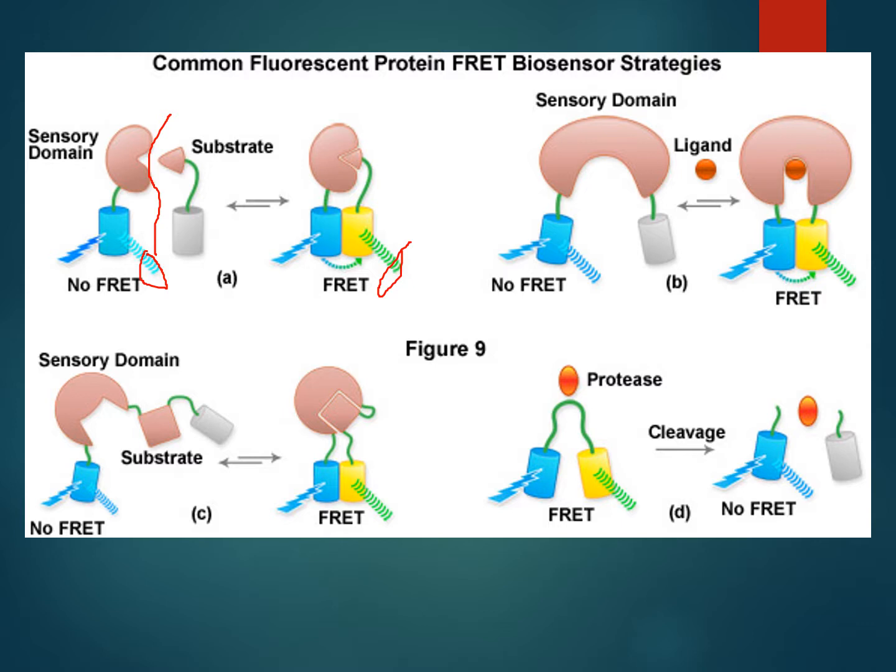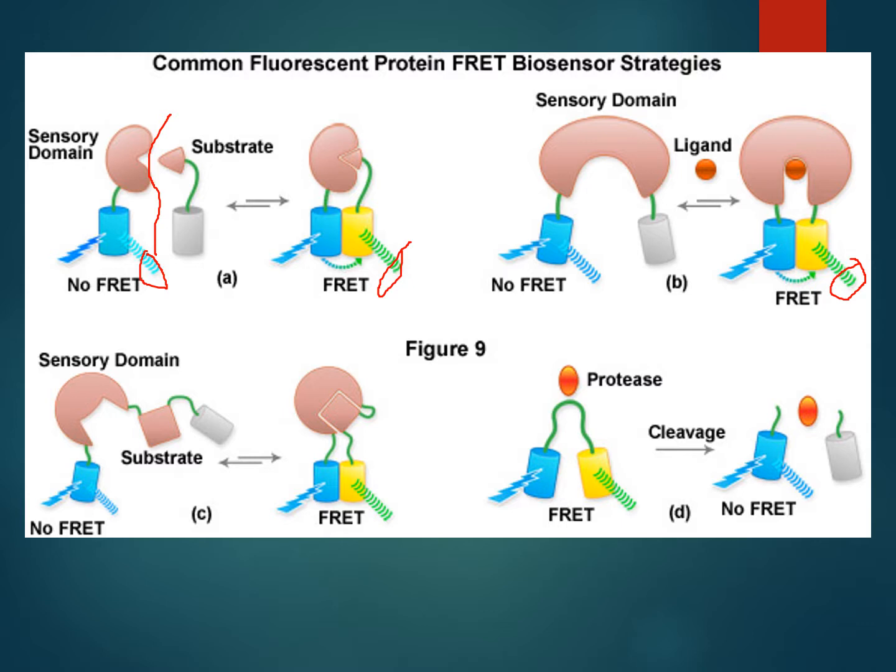Here is a sensory ligand with some type of domain, a protein that binds a ligand, and that causes a shape change. And that shape change now gives a positive FRET, and that can be cobalt, could be zinc, could be hemoglobin iron, and you can watch the binding here, and you can monitor that in real time by FRET detection.